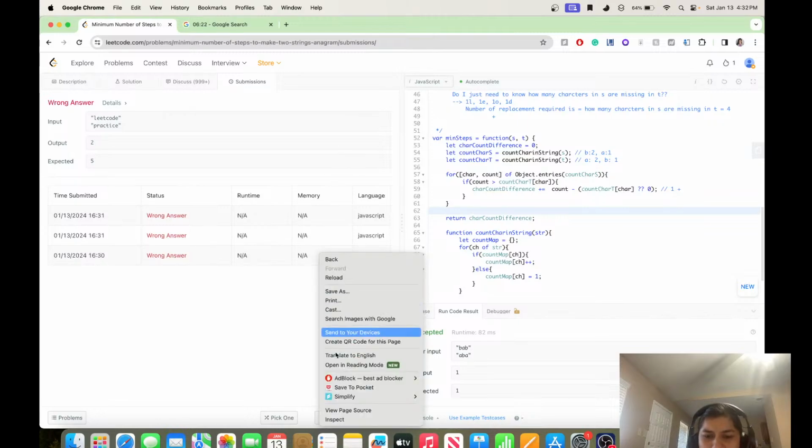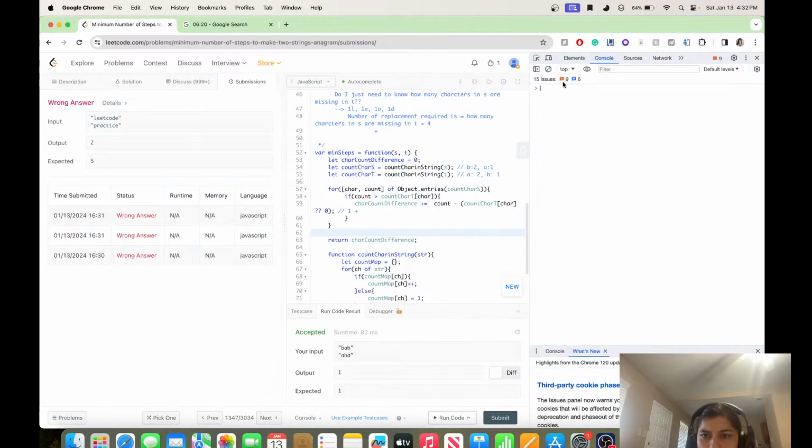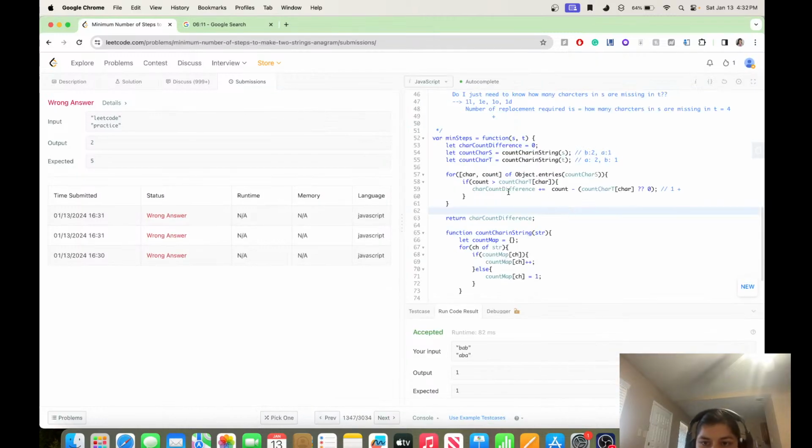Oh, 1 is greater than undefined. It was returning false, right? 1 is greater than 0. It should return true. It should not return false.